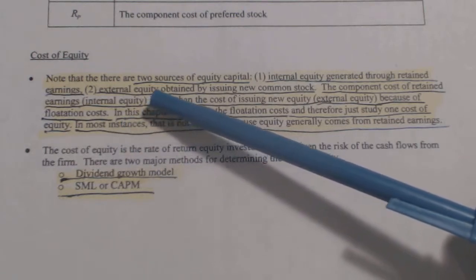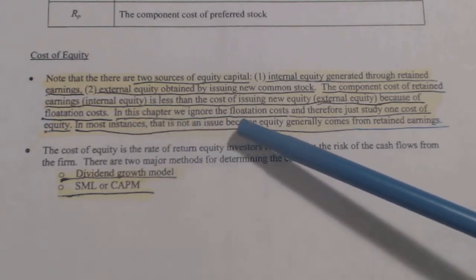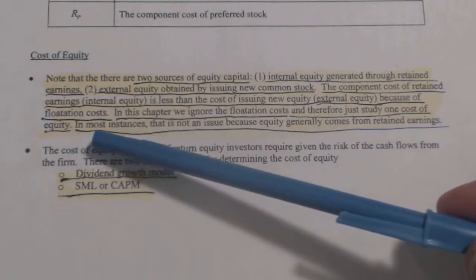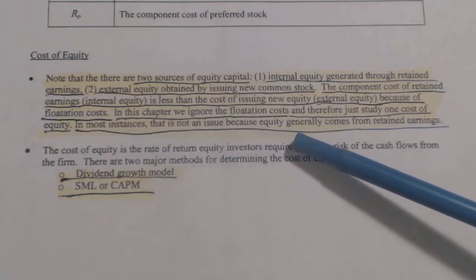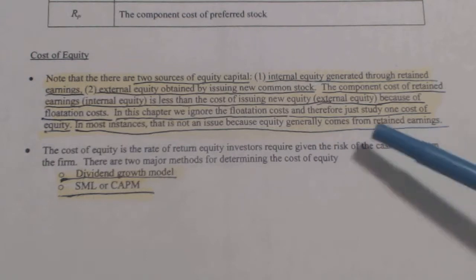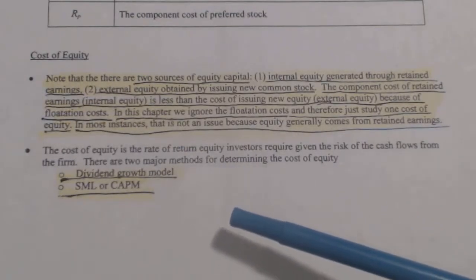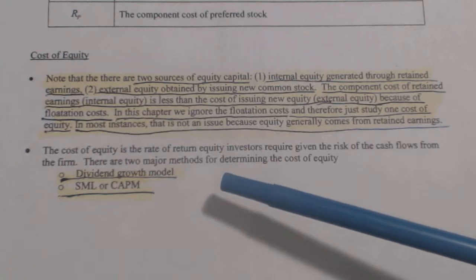But retained earnings don't have that cost, and that's their point. In this chapter, we will ignore the flotation cost and therefore just study one cost of equity. In most instances, that is not an issue because equity generally comes from retained earnings, which means that corporations don't go around and sell stock all the time. So most of the time, their increase in equity is coming from retained earnings.